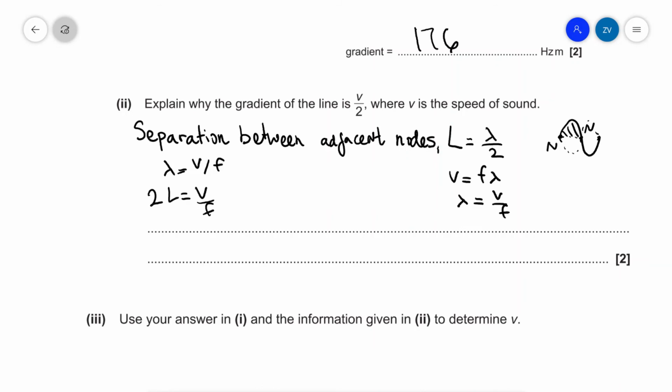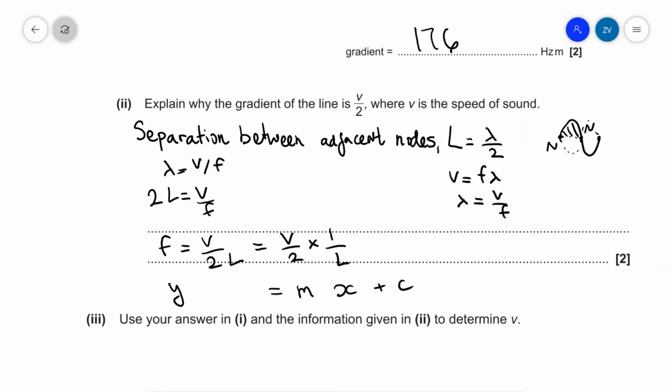Because in this graph I have frequency against length, I'm going to rearrange for the frequency. So this means that the frequency will be equal to v over 2L. Now, notice something. If I was to plot a graph of the frequency against 1 over L, let me rewrite this as v over 2 times 1 over L. Let's compare this with y is equal to mx plus c.